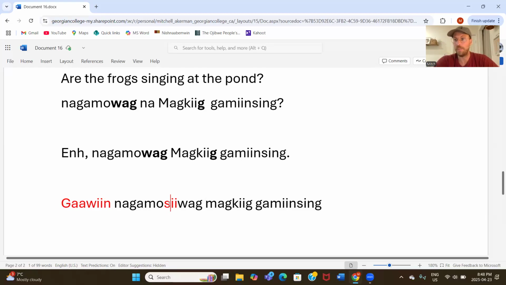Gaawiin nagamosiiwag mookiig gamiising. The frogs are not singing at the pond.